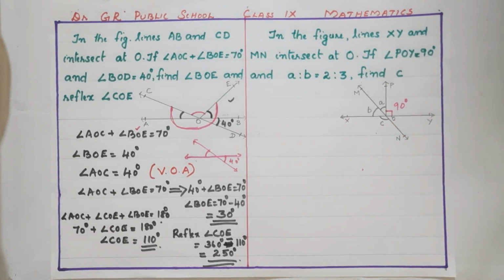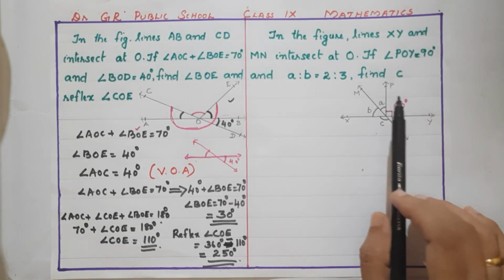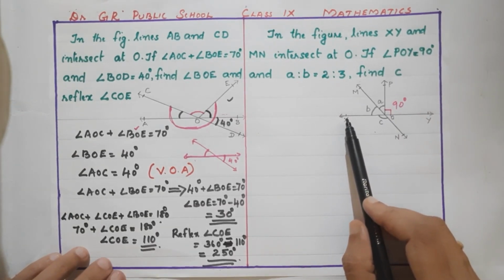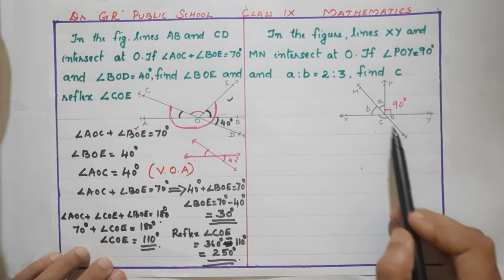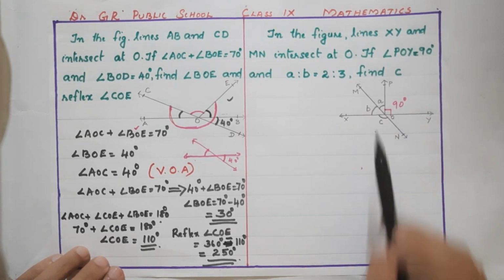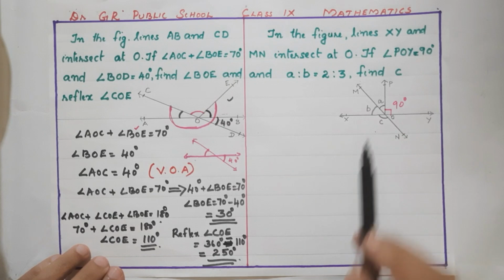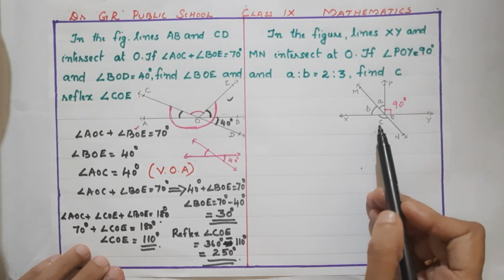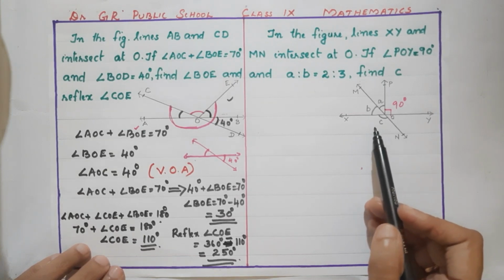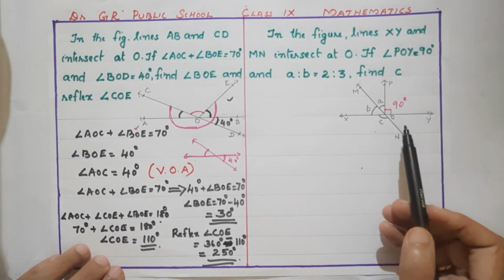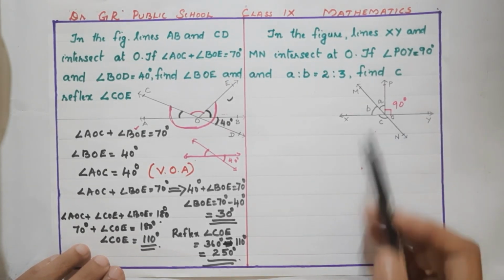Understand the figure. Analyze the figure properly. We have to find out angle XON, that is C. To find out C, we can have one or two methods, so we have to apply the easiest method.